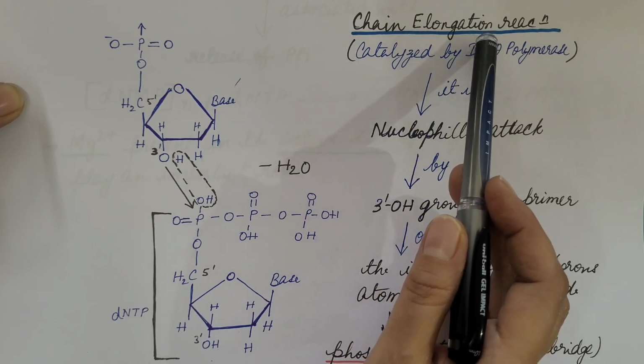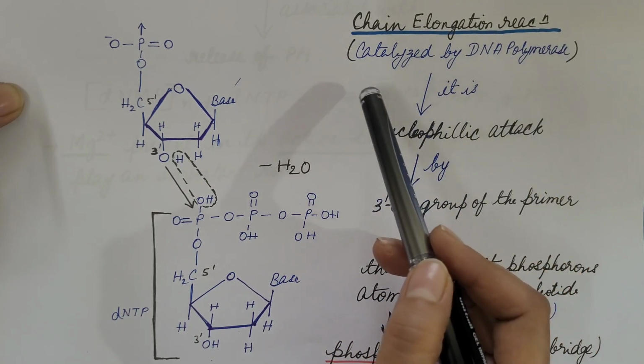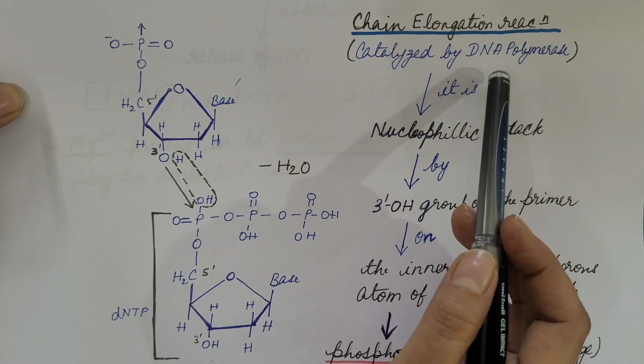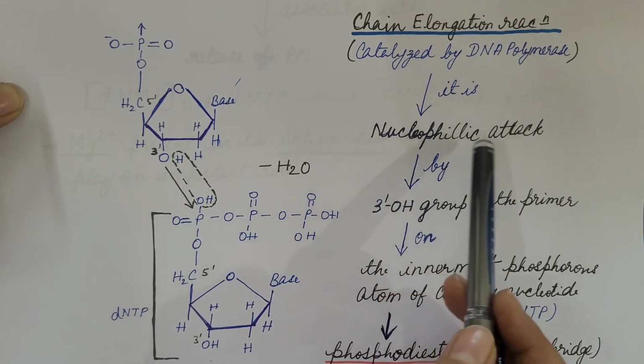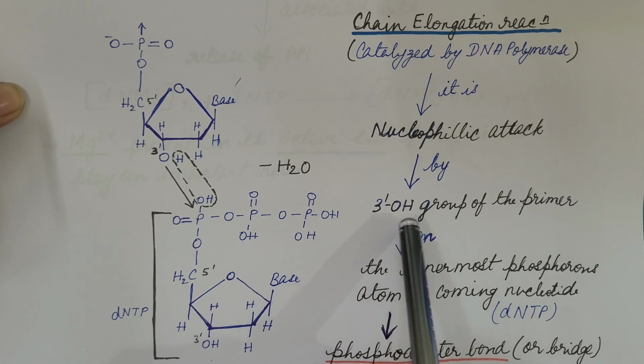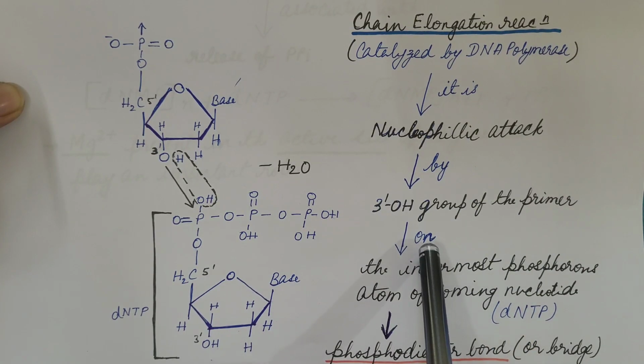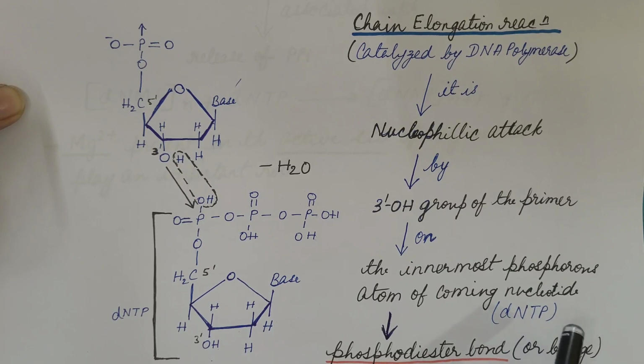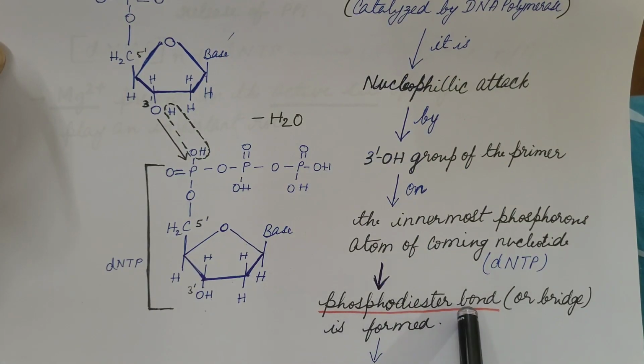Now let us see the chain elongation reaction that is catalyzed by the DNA polymerase. This chain elongation reaction is a nucleophilic attack by the 3' group of the primer on the innermost phosphorus atom of the incoming nucleotide, deoxynucleotide triphosphate, and this results in the formation of a phosphodiester bond or bridge.